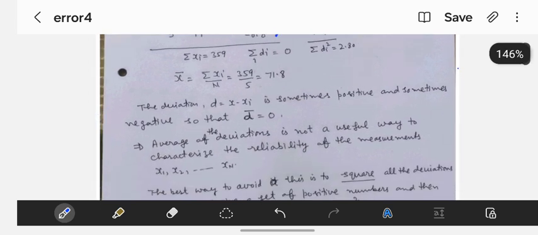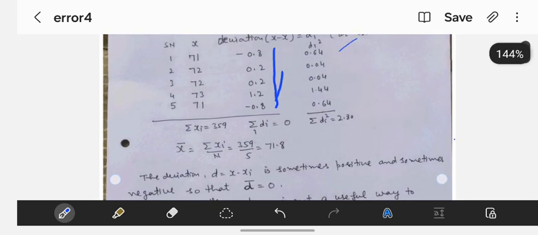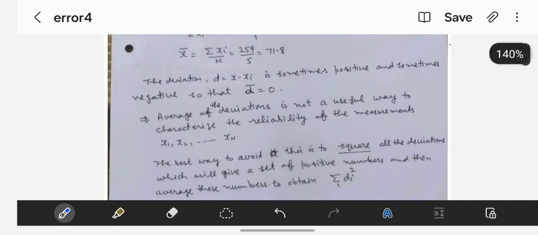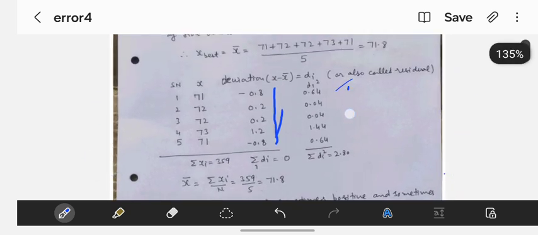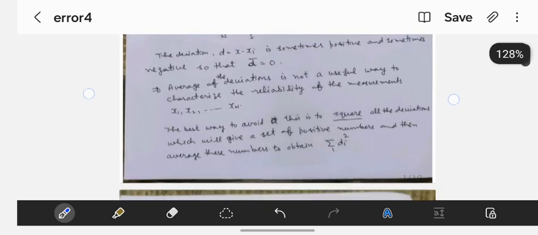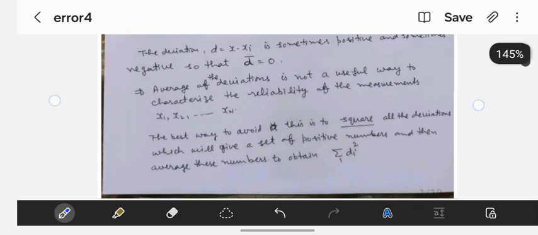Why? Because there is variation in the negative part and the positive part from the mean value. That's why we are getting 0 or close to 0. But if we calculate the average of the residual part, then we will not get 0.